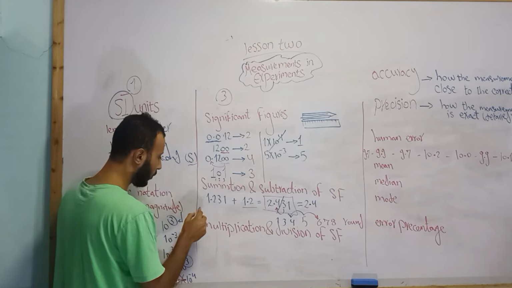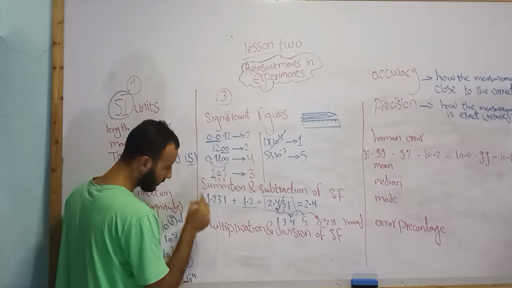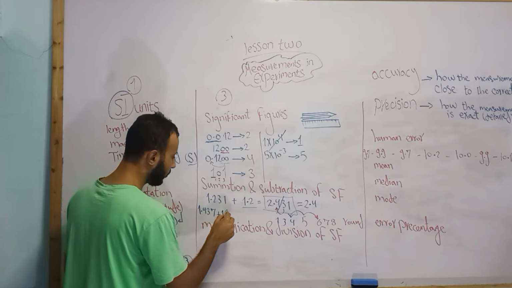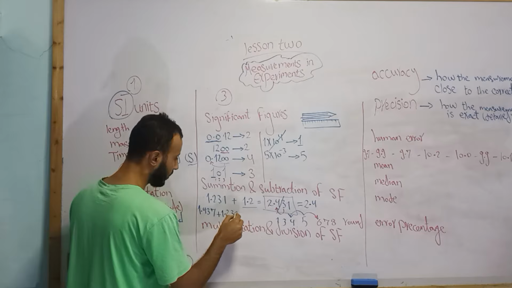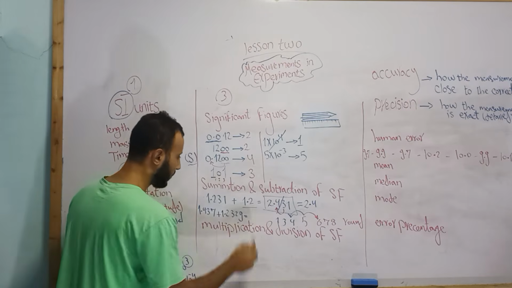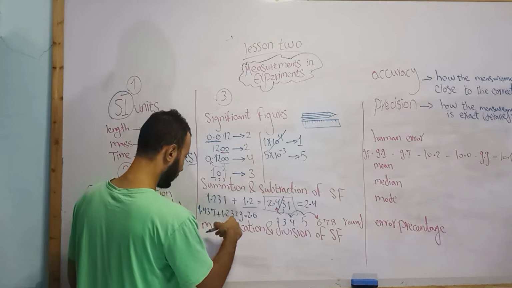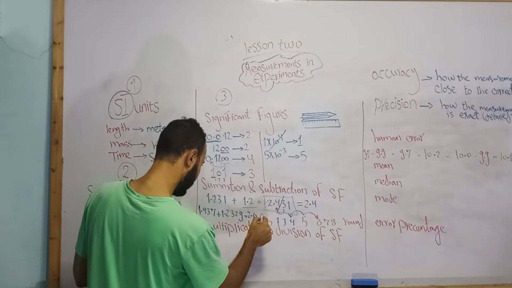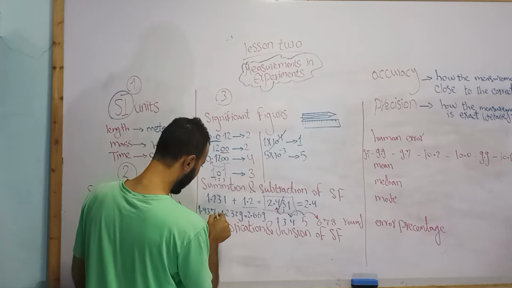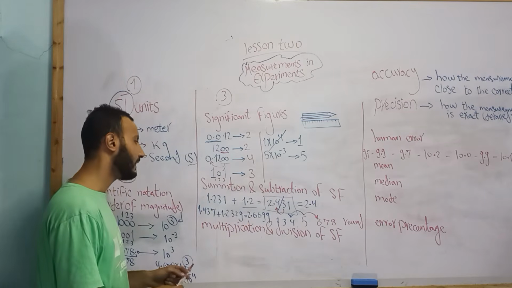Okay? So let's say you have 1.437 plus 1.232 and 9. Let's make our summation. So 1 plus 1 is 2, 4 plus 2 is 6, 3 plus 3 is 6, 7 plus 2 equals 9, and for the 9 we don't have any digit in front of it, so it's also 9. And which one has the least number of decimals?